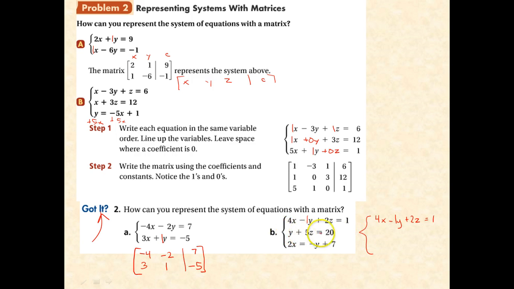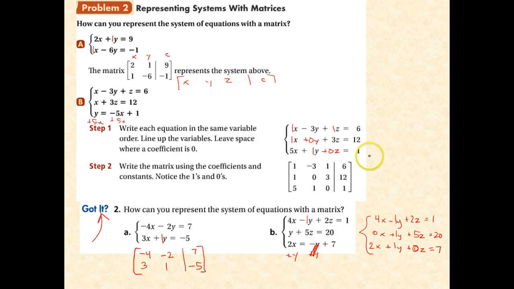And then in the second row, I've got 0x plus 1y plus 5z equals 20. And on this one, I'm going to have to add y to both sides to get that on the other side of the equal sign. So that gives me 2x plus 1y plus 0z equals 7.